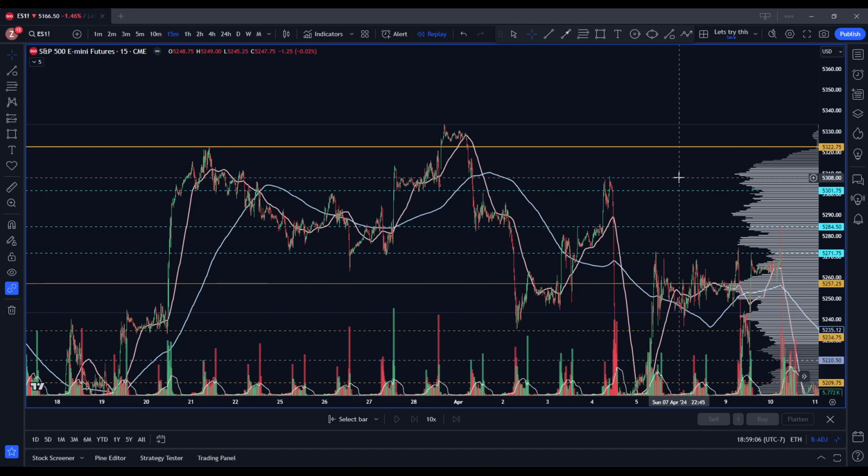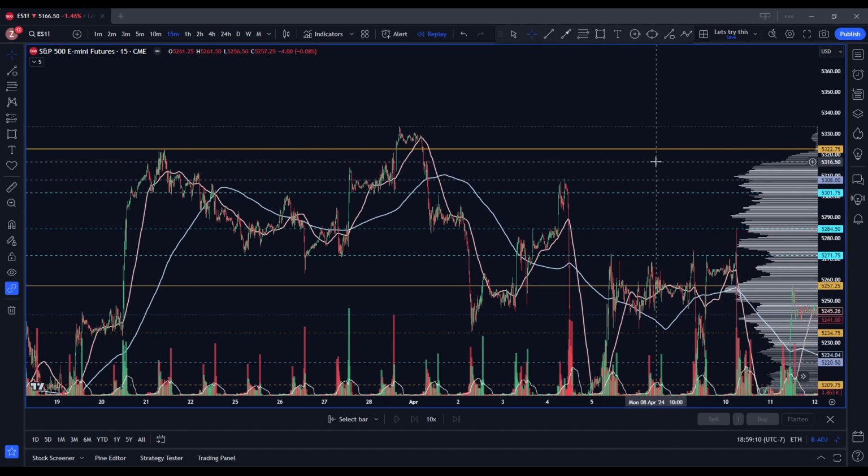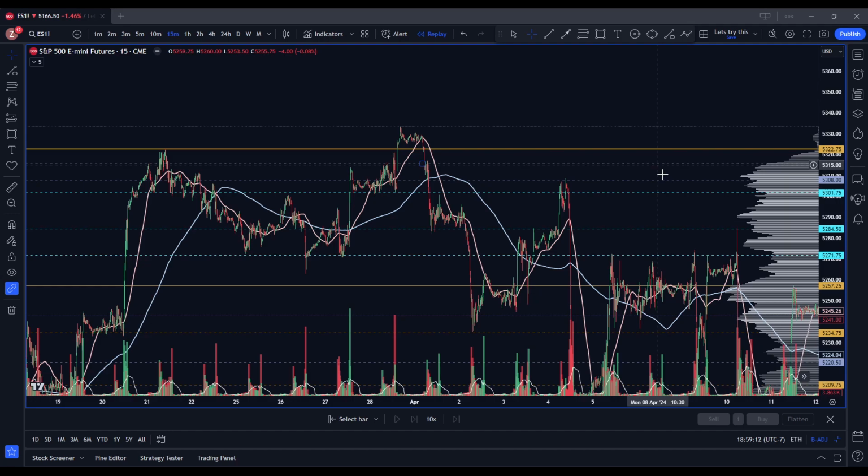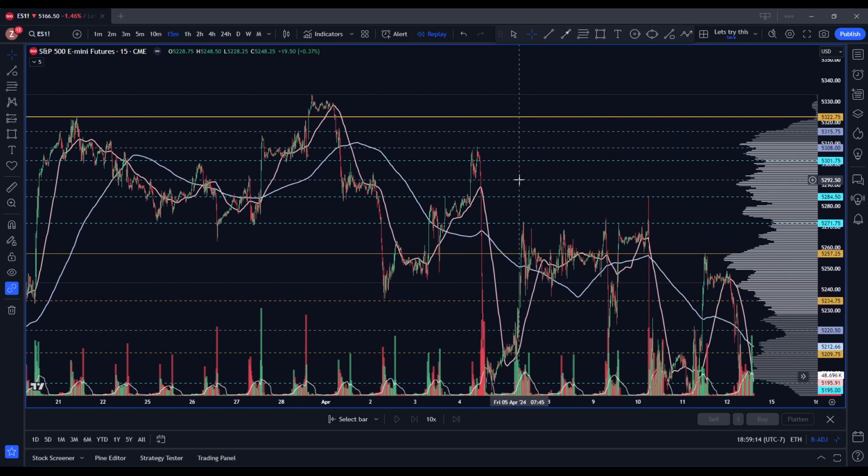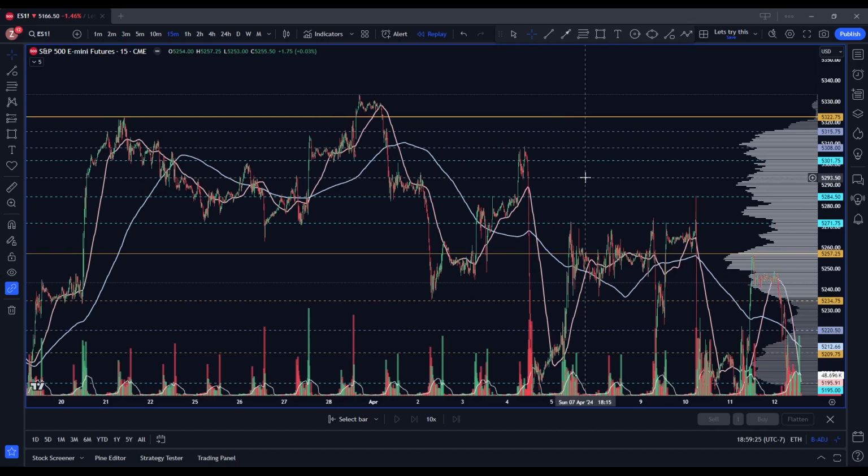I'll plot this one right here. And this one. You can be more generous with these gray levels, or the 15-minute levels, because they're more easily broken through.